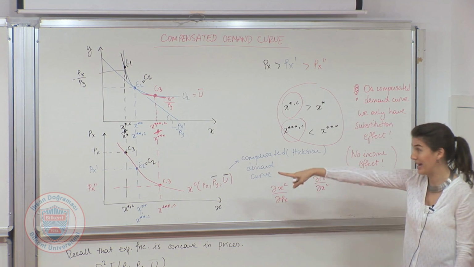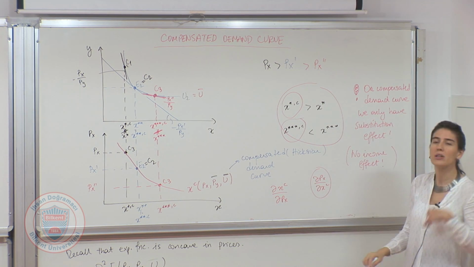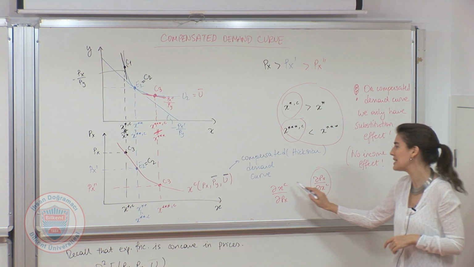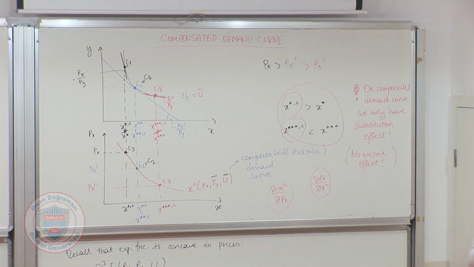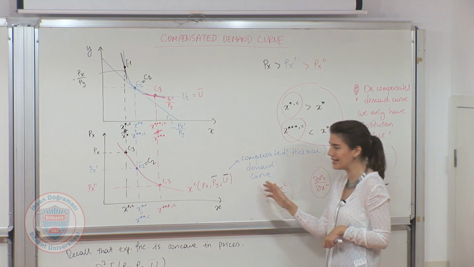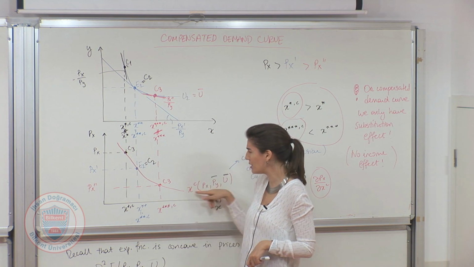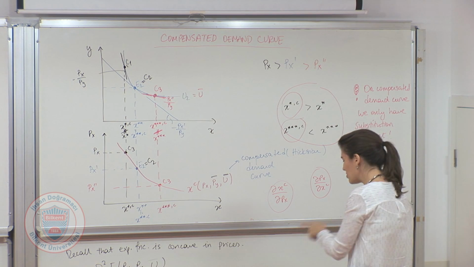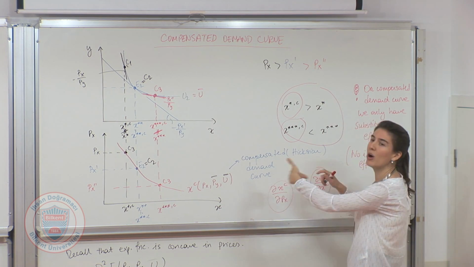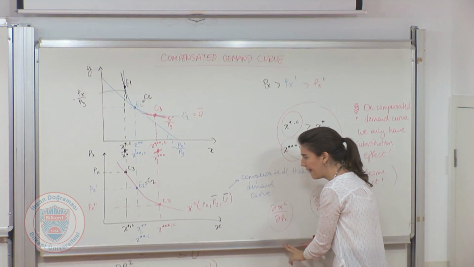So the slope of that curve is this. But the slope of the demand curve is actually this. But it doesn't matter, right? As long as it's continuous, you can actually flip it, right? Take the inverse of it. But just keep in mind that the one that we plot here is actually the inverse demand curve. But don't worry about it, okay? So that's why the slope is going to be 1 over the other guy.